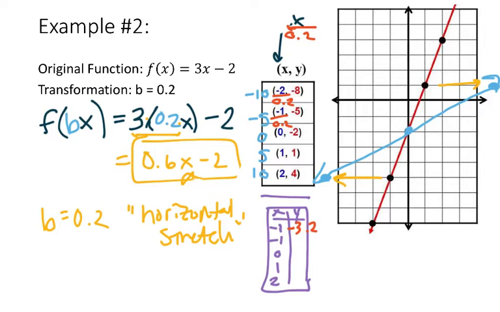Negative 1 times 0.6 minus 2 makes negative 2.6. A 0 would have made negative 2. And 0.6 minus 2, if we plug in a 1, makes negative 1.4. And then 2 makes negative 0.8. Is that right? 2 times 0.6 minus 2. Yeah.